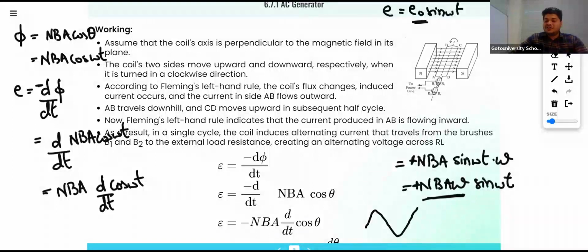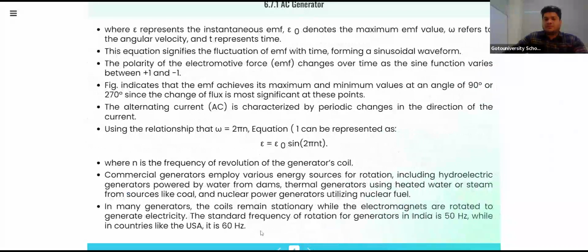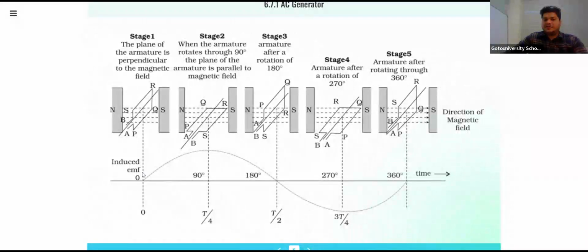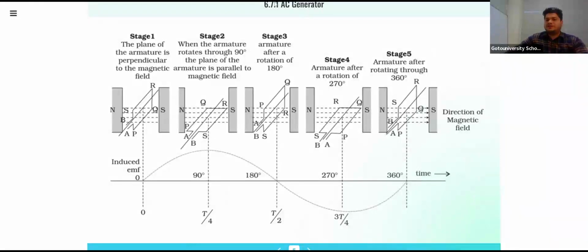We have already studied in oscillations that if there is a sine function, it will perform a sinusoidal wave like this. You just substitute the values in E is equal to E naught sine omega t for 0, 90, 180, and you will get this curve. So this is how the curves come into the picture.